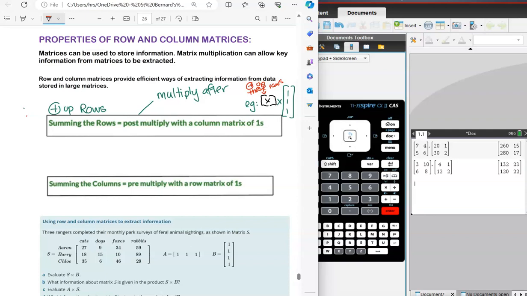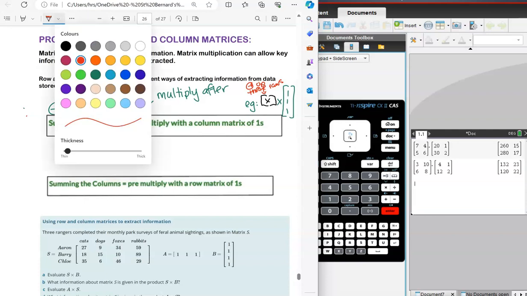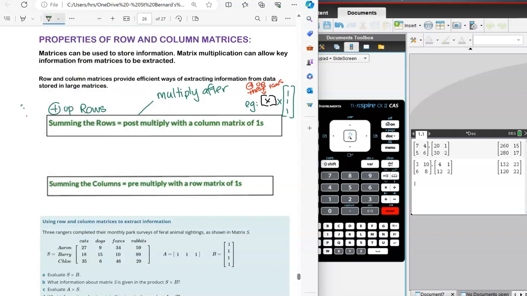If you want to add up the columns, we're going to pre-multiply. So that means multiply before with a row matrix of ones.